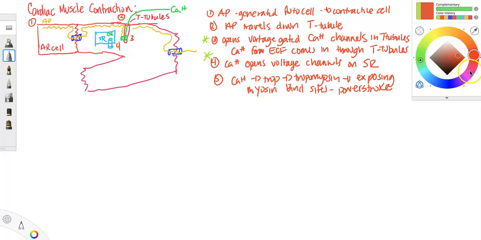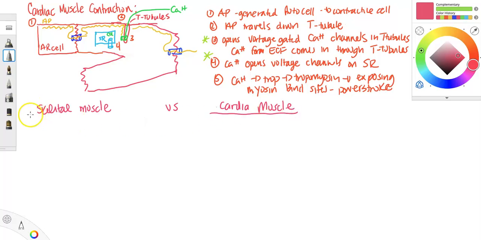So if we're looking at skeletal muscle as compared to cardiac muscle, think of it this way. When you stimulate the skeletal muscle to create a twitch, that twitch is always the same. So to get it more forceful, you would have to stimulate it over and over faster before it can relax.